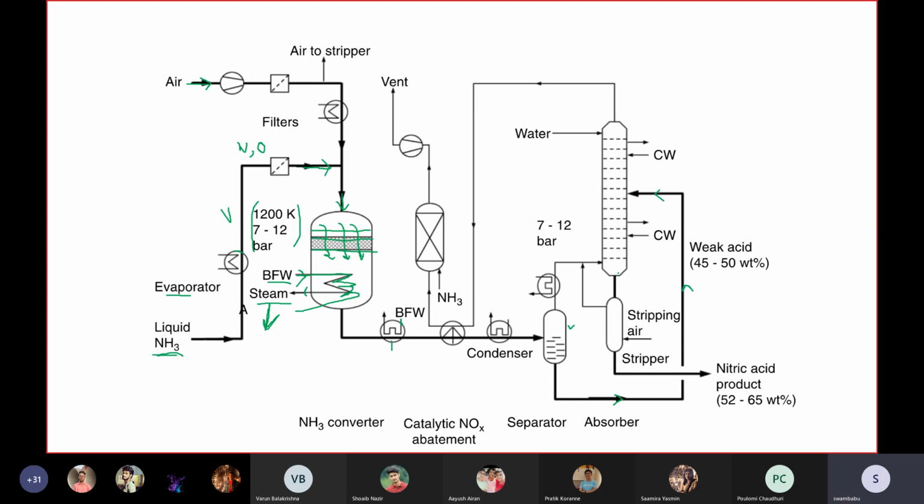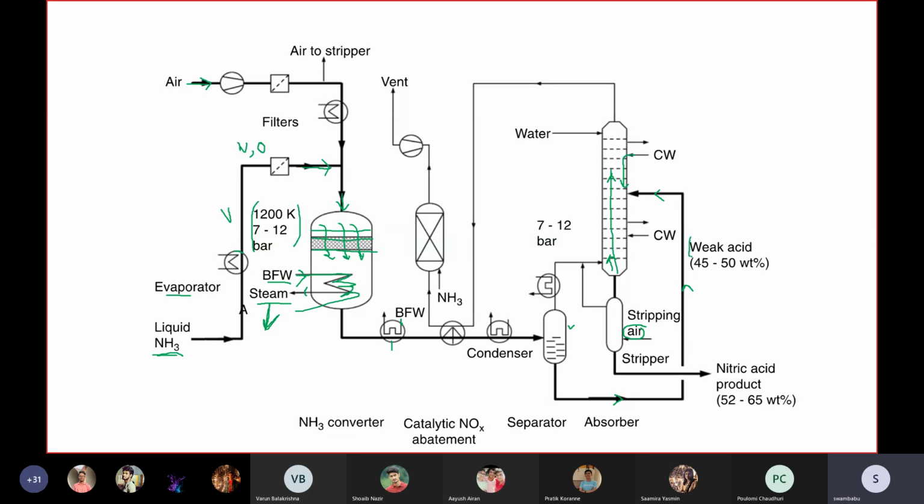Now the air is introduced from the bottom, and the cold water is introduced from the top. So air is introduced from the bottom, and from the middle NO2 is introduced.